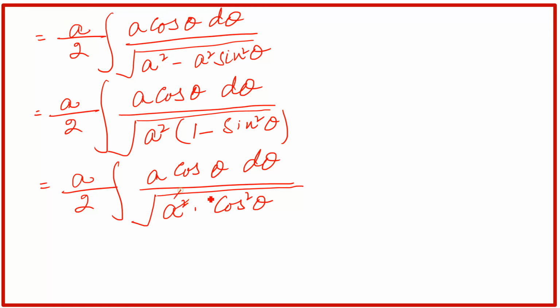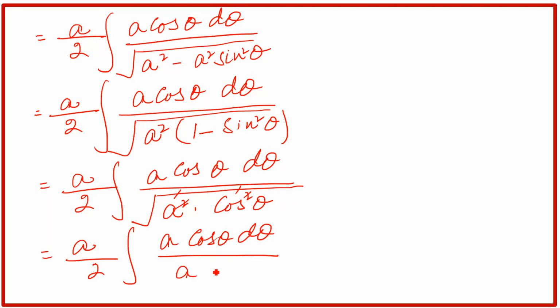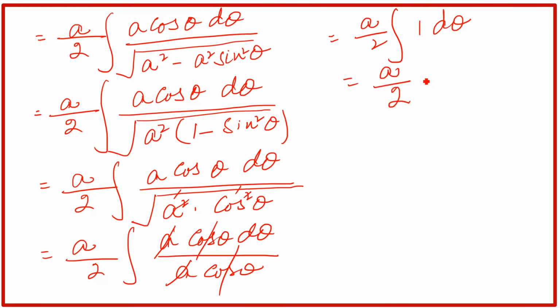This 2 will cancel with this square root, this 2 will cross with this. So we have a over 2 integral of a cos theta d theta divided by a cos theta. So a will cross with this and this, only we have left a over 2, which is constant, 1 d theta. Now we will do the integration. 1 over 2 and 1 d theta is theta plus constant of integration.